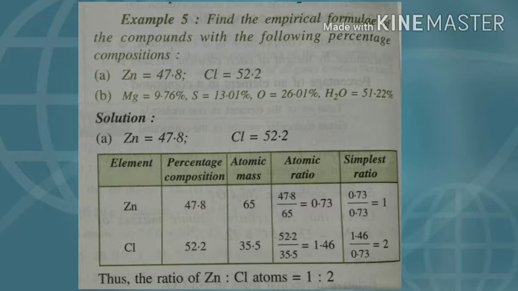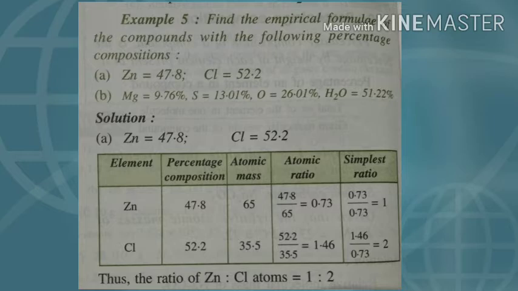Which one is the smallest one? Yes, of course, 0.73. So you have to select that number 0.73. Then to find the simplest ratio, you have to divide the atomic ratio with the simplest or the smallest ratio.